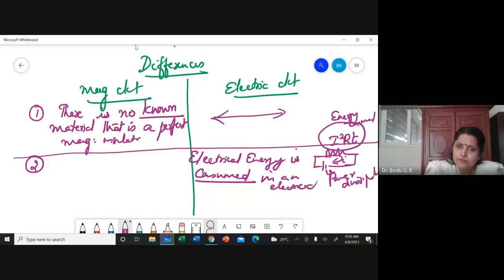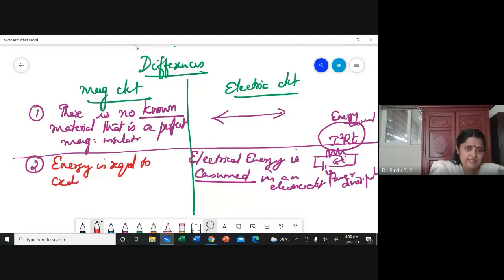What about in a magnetic circuit? That is not the case. In a magnetic circuit, you can never say that the energy is being consumed, but energy is required to create the magnetic flux. Okay, create a magnetic field. Magnetic field means magnetic flux. You want to create a magnetic field.